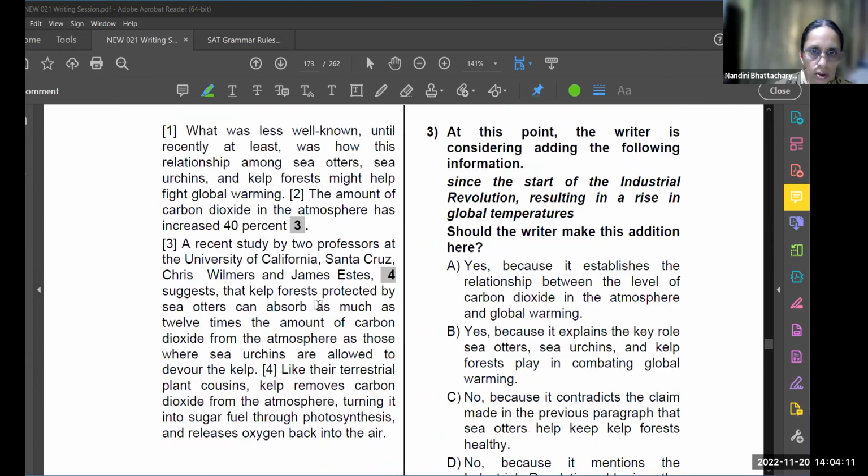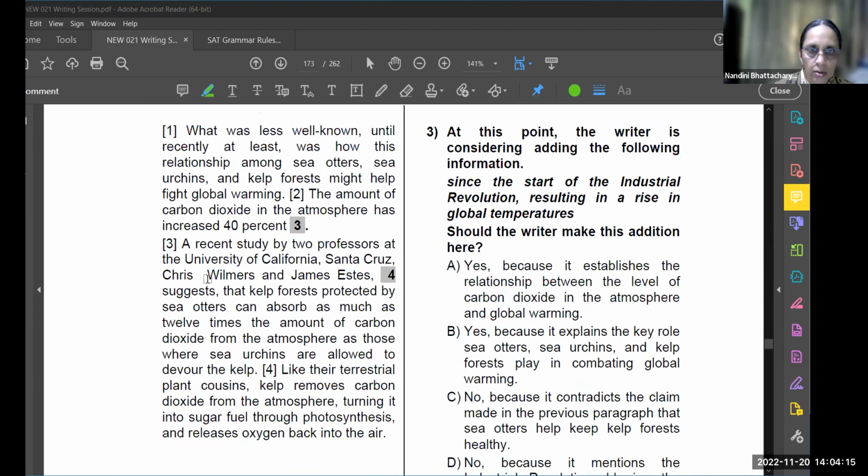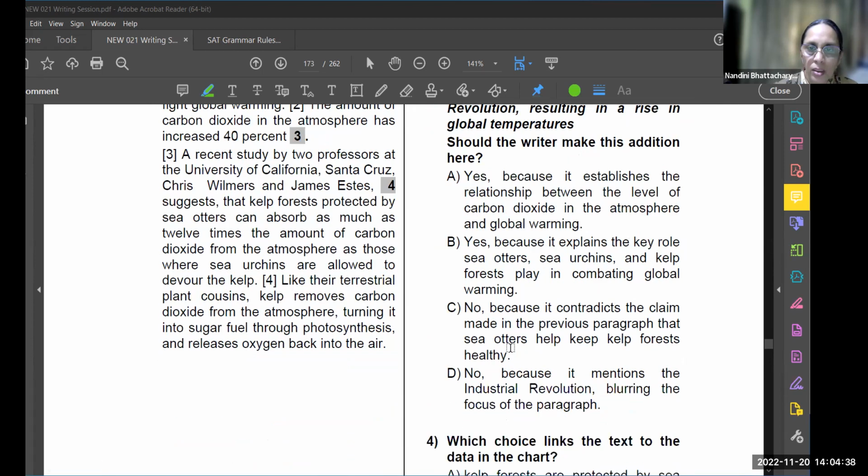So now what was question number 4, where is it? Okay, this is what we are talking about. A recent study by 2 professors at the University of California, Santa Cruz, Chris Wilmers and James Estes, suggested that kelp forests protected by sea otters can absorb as much as 12 times the amount of carbon dioxide from the atmosphere as those where sea urchins are allowed to devour the kelp, right?